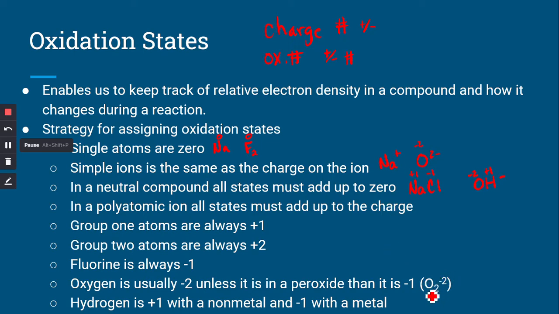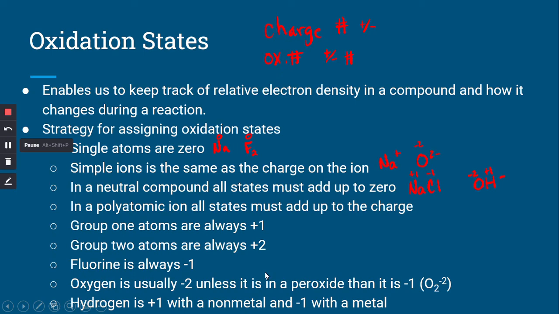Peroxide is a polyatomic, O2 with a 2- charge. That's when oxygen's oxidation state would be -1. Hydrogen gets a +1 when it's with a nonmetal and a -1 when it's with a metal. So you have to know these rules and then mentally go through them as you're looking at different compounds.